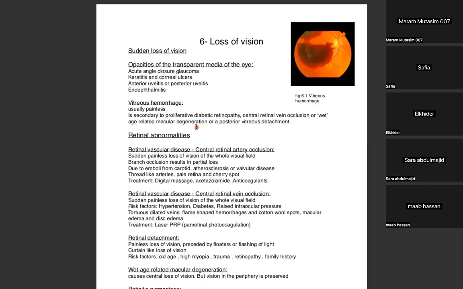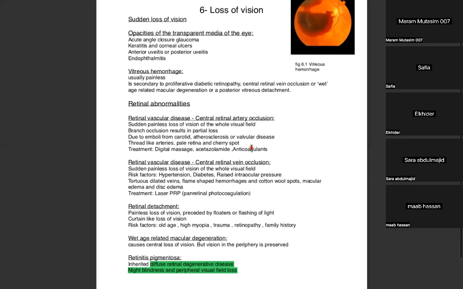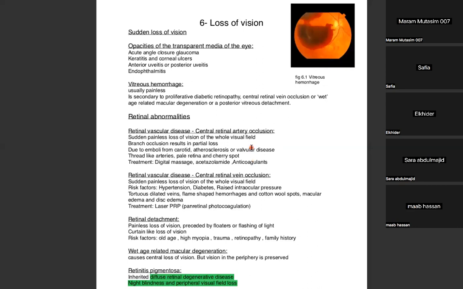So it always comes after something else happens. Okay? And what it looks like is like that. When you look into the eye with the ophthalmoscope, you'll literally see hemorrhage inside the eye. The second the hemorrhage starts, that's when the person loses their vision. So it's sudden loss of vision.